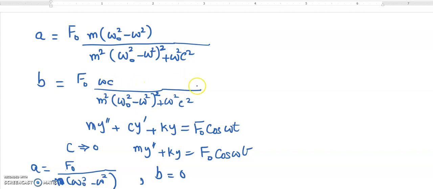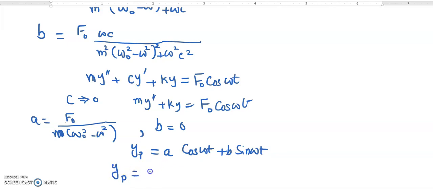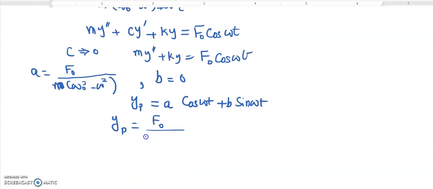Okay, so the solution then can be represented by, since the solution is yp equal to a cosine omega t plus b sine omega t, and because now b is 0, the particular solution can be represented by yp equal to f naught over m times omega naught squared minus omega squared, times cosine of omega t.